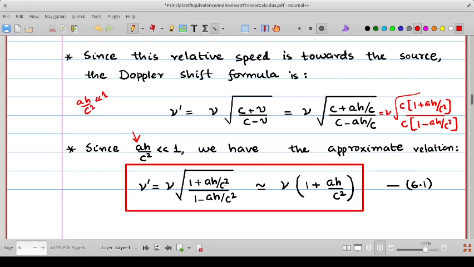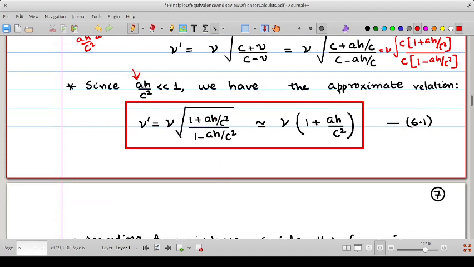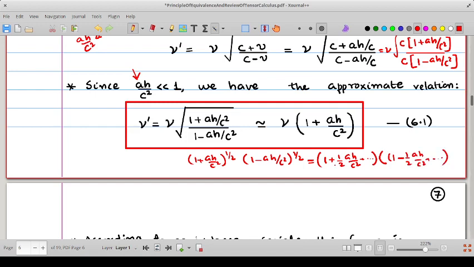and then we can expand this in the following way. We can write the square root of (1 plus ah by c square) by (1 minus ah by c square) as (1 plus ah by c square) to the power half into (1 minus ah by c square) to the power minus half. Expanding this will be 1 plus half times ah by c square plus higher order terms, times 1 plus half ah by c square plus higher order terms, since the minus sign in the exponent makes this term positive.